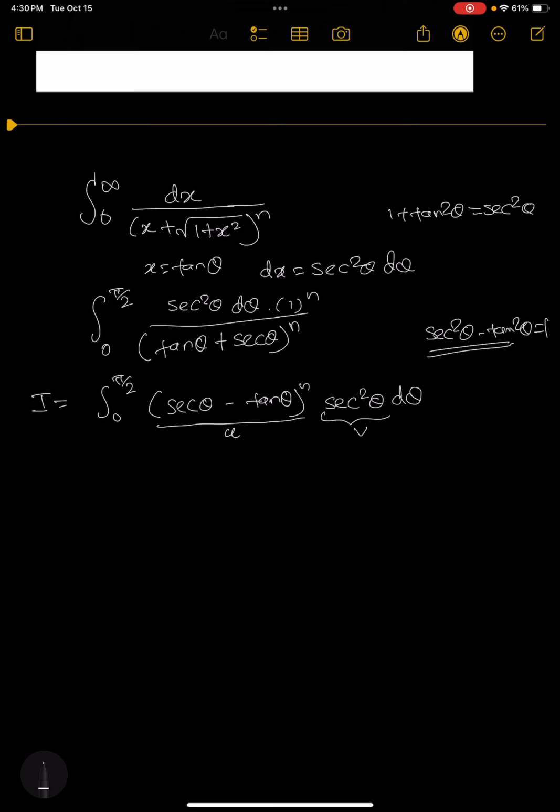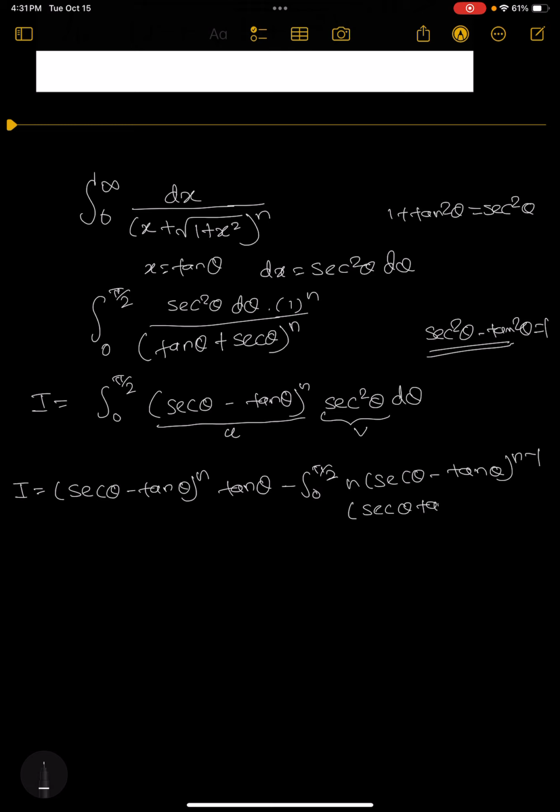Okay, so I equals u, which will be as it is, there will be no operation on u initially, and the integral will be tan theta, minus integral from 0 to pi by 2. Now its derivative will be n times (sec theta minus tan theta) to the power n minus 1, and now the derivative of the individual components will be sec theta tan theta minus sec square theta, right?